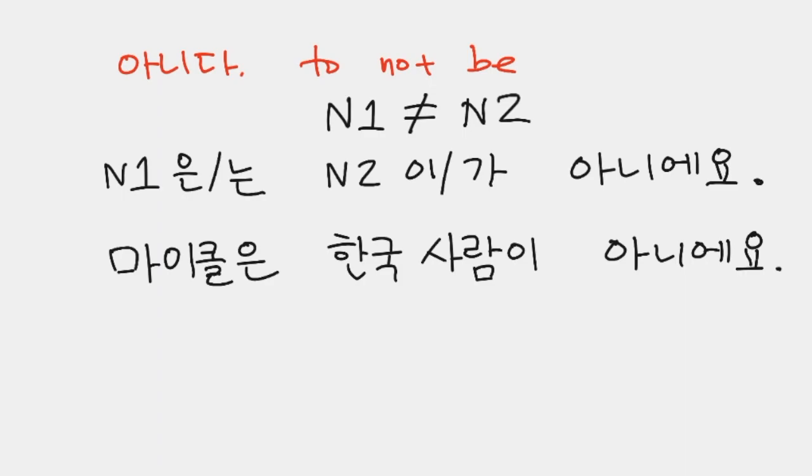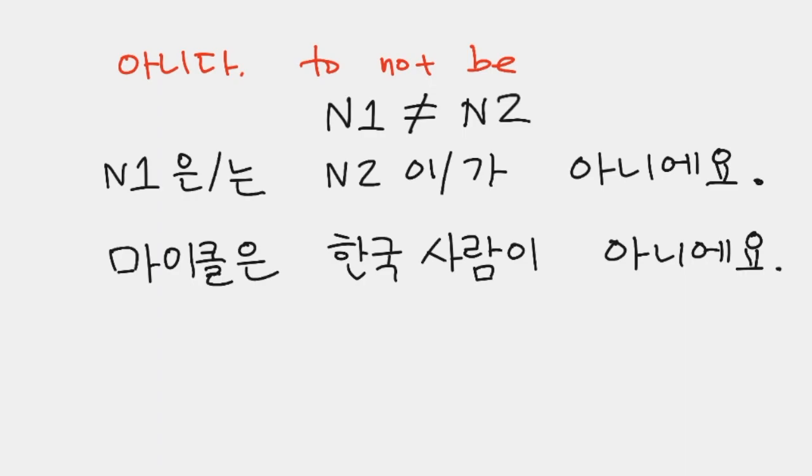So 마이클은 한국 사람이 아니에요. So Michael is the topic of the sentence, so we mark it with 은. 마이클 ends in a consonant, so we use 은, not 는. 한국 사람, Korea person, which means Korean. We use 이, subject particle. We use 이 when a noun ends in a final consonant. 사람 ends in a consonant. And then 아니에요. So it means is not, right? So Michael is not Korean.